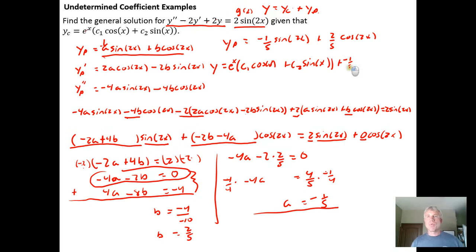So negative 1/5 sine 2x plus 2/5 cosine of 2x. And there's the general solution for the differential equation. Had we been given initial conditions, we could then solve for c sub 1 and c sub 2, the constants of integration.